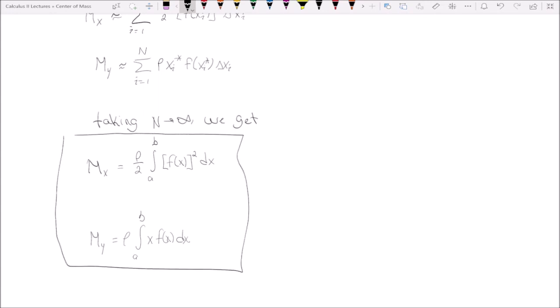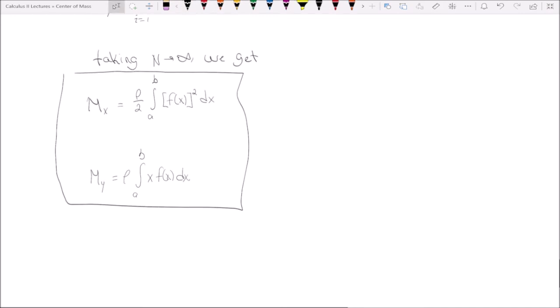If we take these with the mass, we get the center of mass, right? So we still have that x bar is the y moment divided by mass. y bar is the x moment divided by mass.